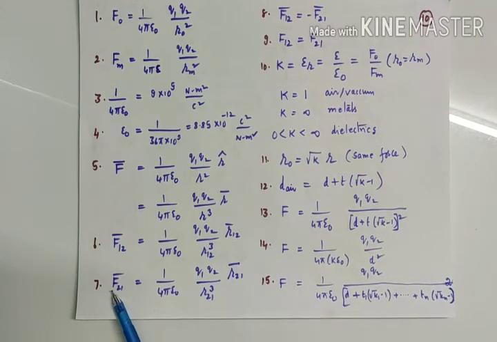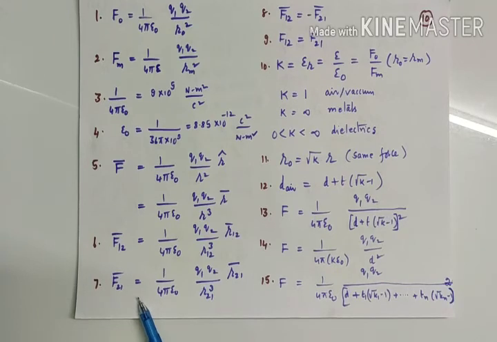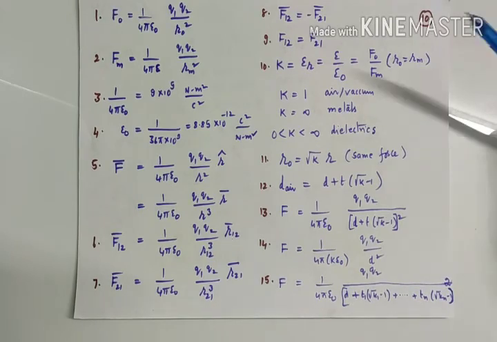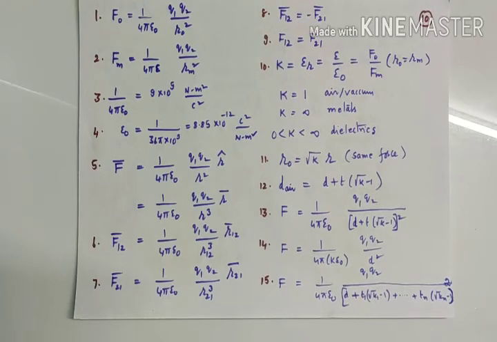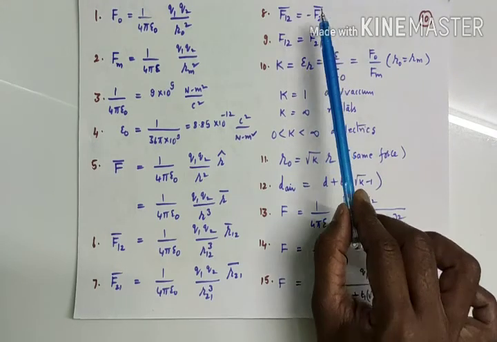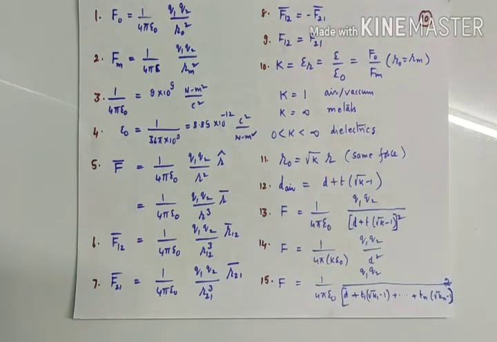Force acting on second charge by the first charge is equal to 1 by 4 pi epsilon naught Q1 Q2 divided by R21 cube into R21 bar. And as we have seen in the previous videos, F12 and F21 form an action and reaction pair. Both of them have the same magnitude but opposite direction.